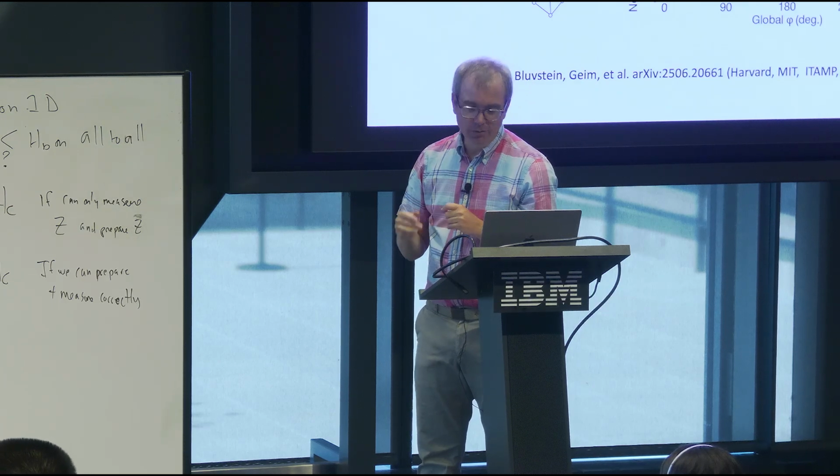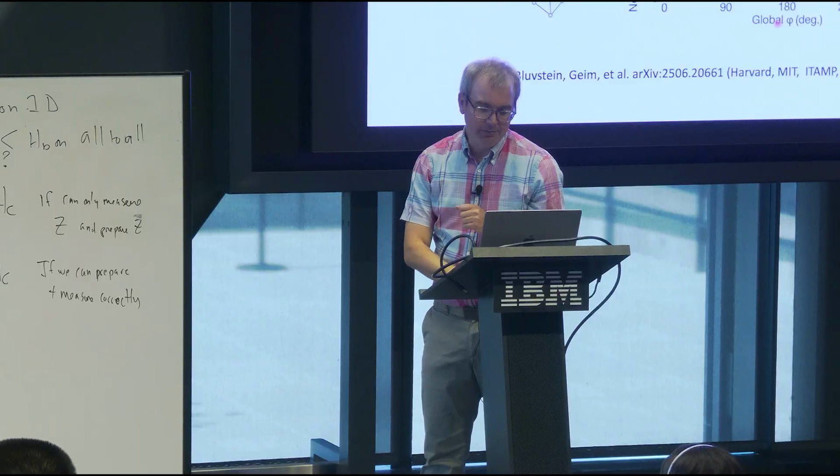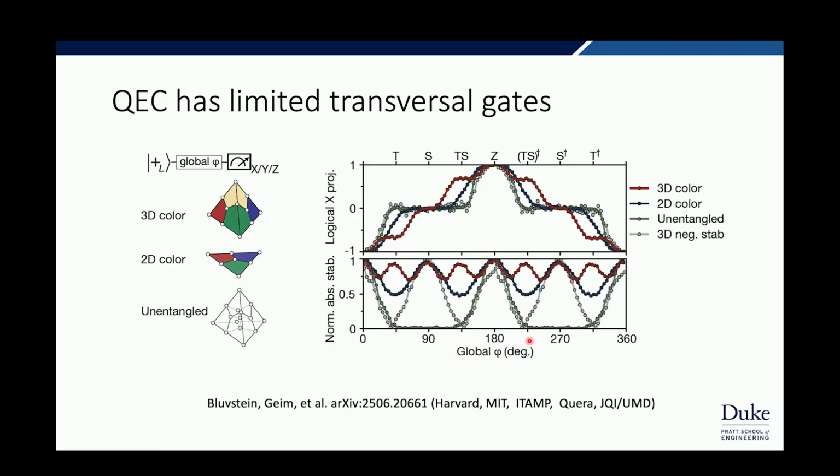Then you apply the same physical gate at different angles to all of the qubits. But because the code only supports certain angles, with the 3D color code you can do T gates, so it has a plateau at S's and T's times S's. The 2D color code can only do transversal S gates, so it only has a plateau at S.